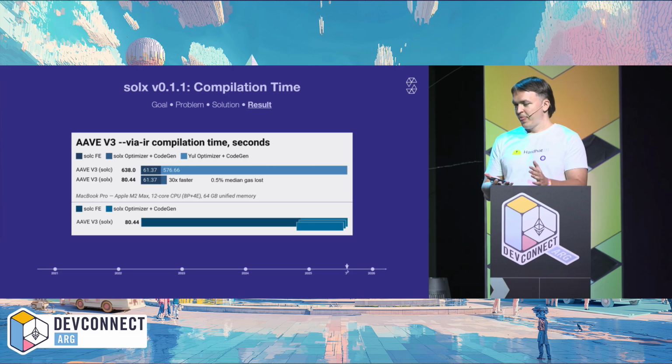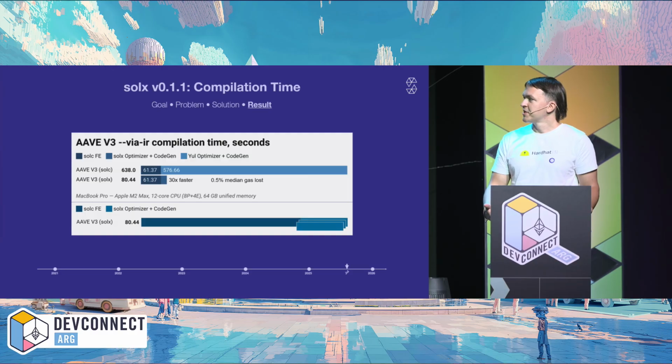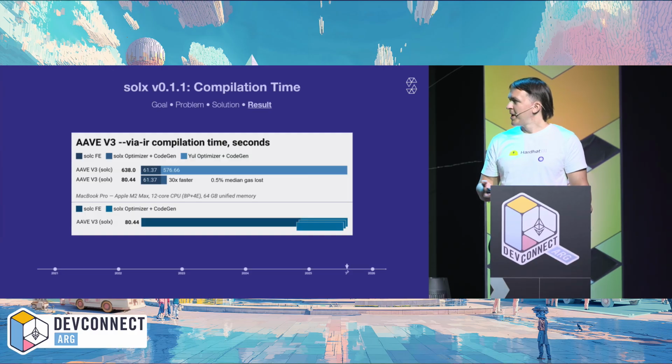If you scale the front end and run it in multi-threaded mode, you can probably reduce these 80 seconds by 12 times, and your front end will be executed in just 5 seconds. So yeah, the average compile time reduction was like 3-4x compared to solc.